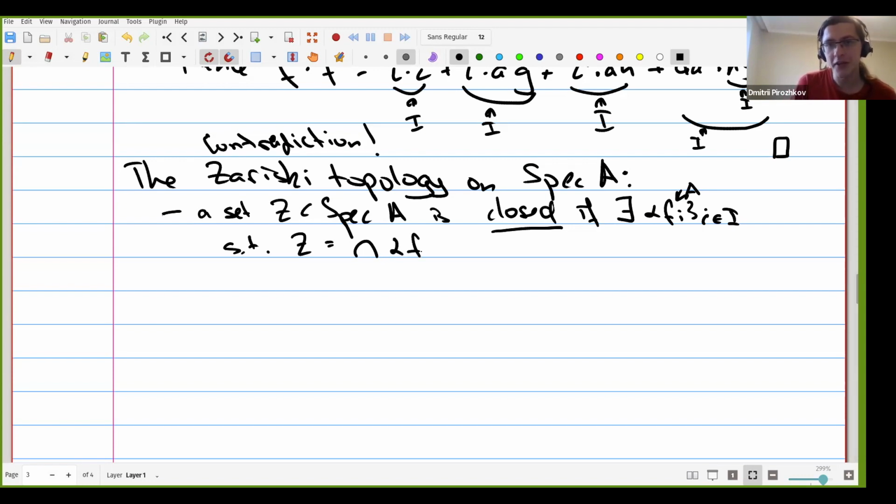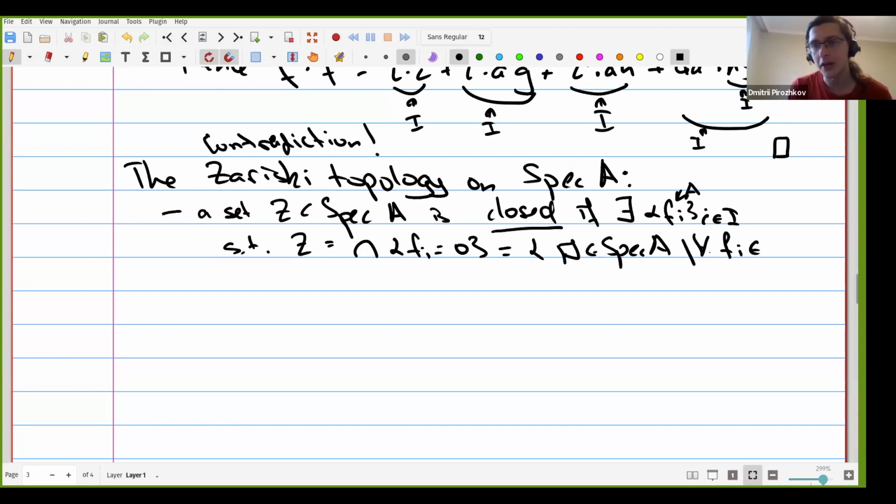So it's an intersection of the equations f_i equals 0, or in more down to earth terms, this just means a set of prime ideals such that for any index i, the element f_i belongs to this prime ideal.